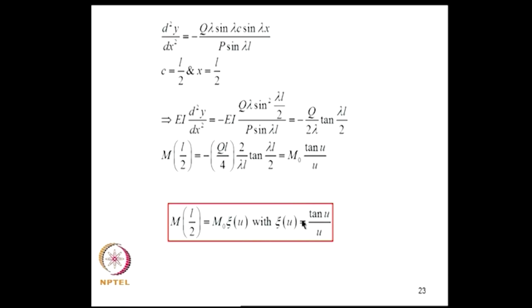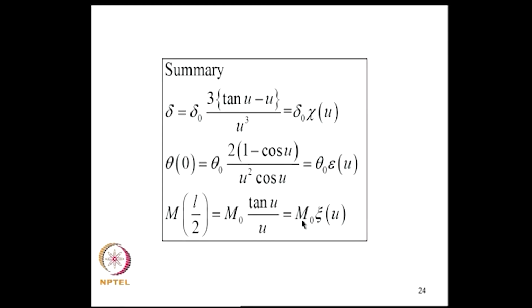So, now in summary we have midspan deflection in terms of axial load equal to the midspan deflection without axial load into an amplification factor. Slope at the left support is slope in the absence of axial load into a magnification factor. Maximum bending moment is the maximum bending moment in absence of axial load into this amplification factor.